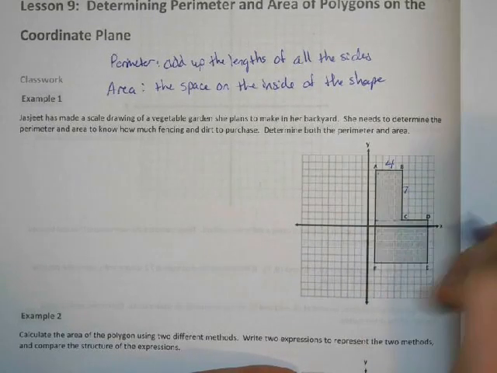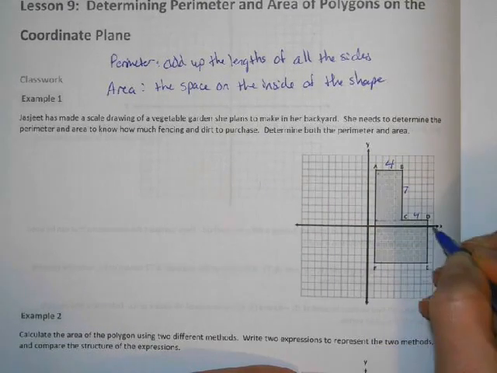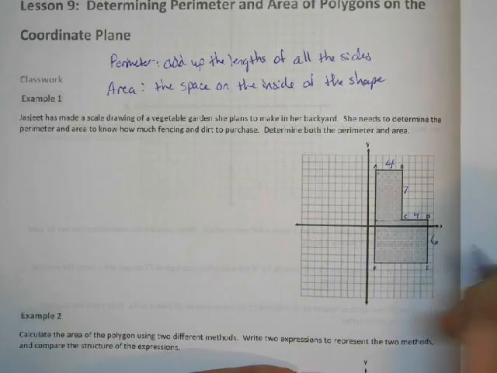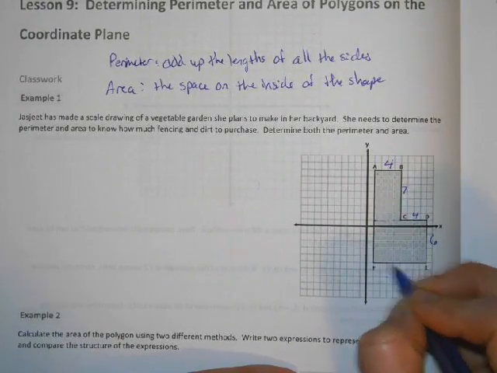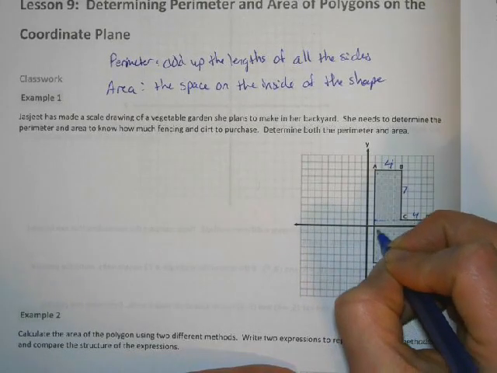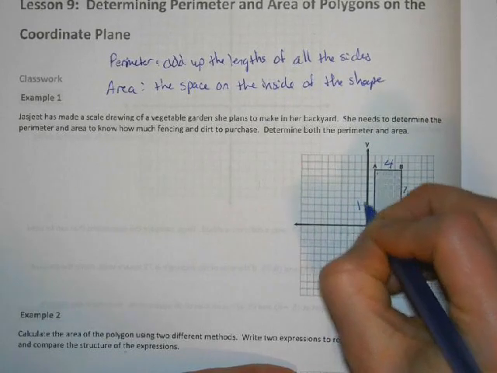So that's 7. I have 1, 2, 3, 4. 1, 2, 3, 4, 5, 6. 1, 2, 3, 4, 5, 6, 7, 8. And 1, 2, 3, 4, 5, 6, 7, 8, 9, 10, 11, 12, 13.